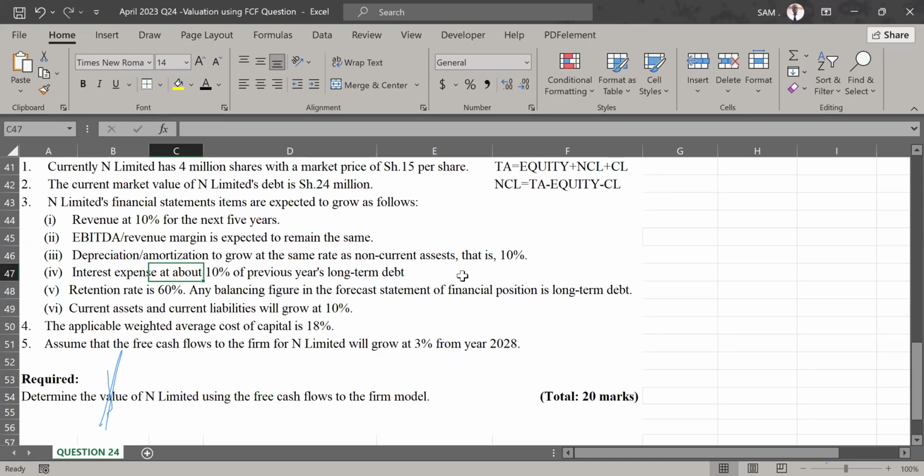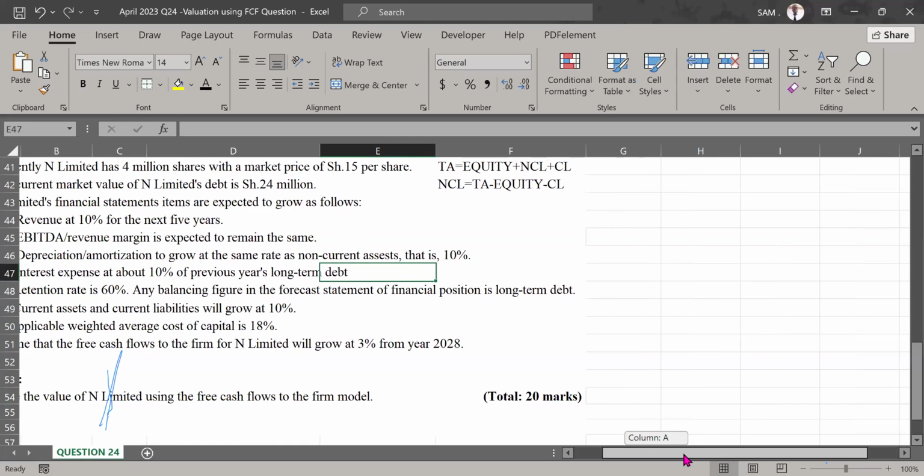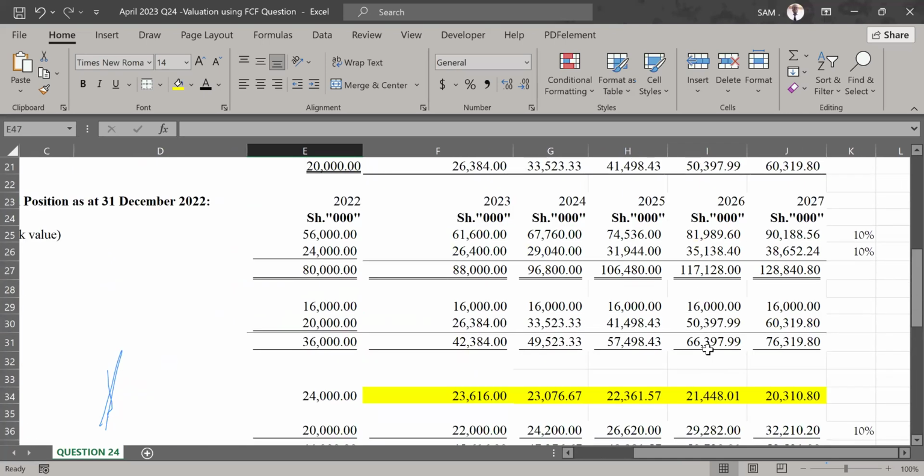So there is no growth rate in long-term debt. You stop at long-term debt like that. Then note number 5 remained the same, and note Roman 6 remained the same. So those were the only two adjustments to make. And if you make them, you should be able to come up with the same figures that we have.